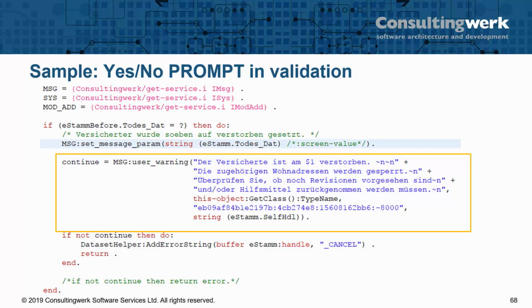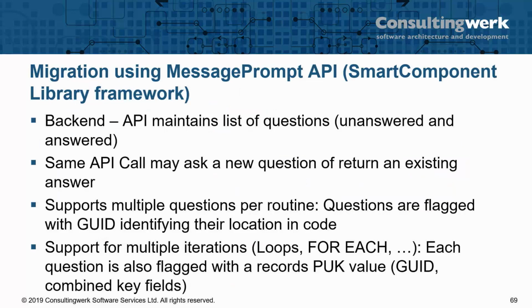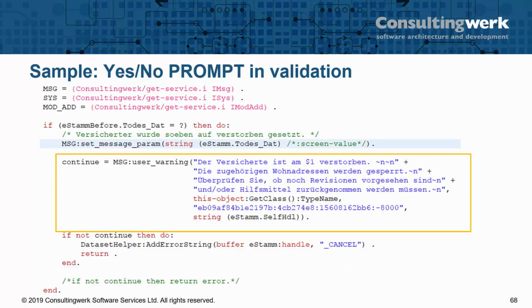And behind this different API, we could implement an API that we had in the framework already to deal with messages in this case. What it does is we have here a question. And when we have a question here that hasn't been answered by the user, we consider it an unanswered question.